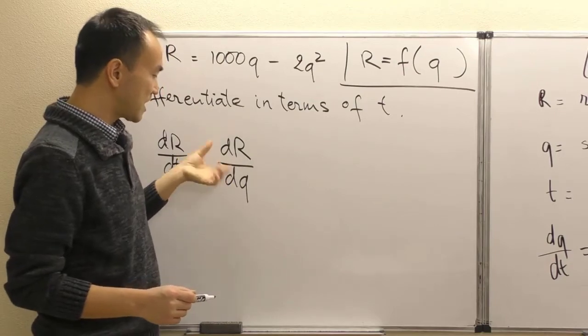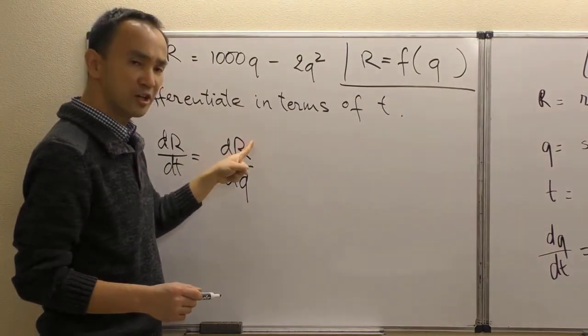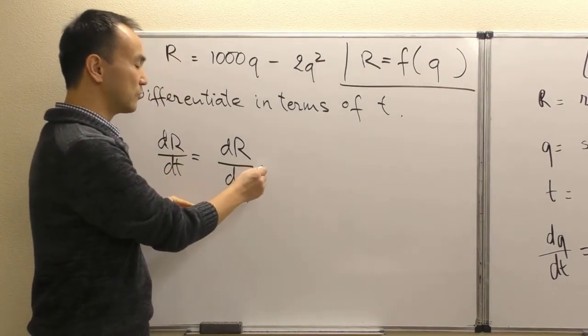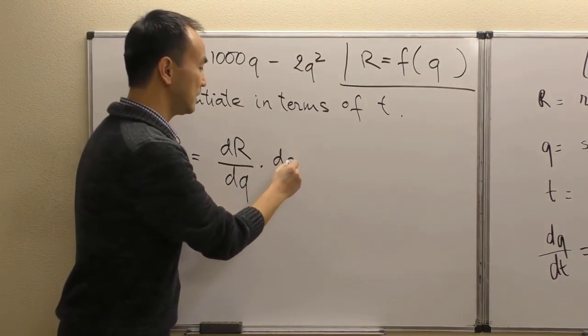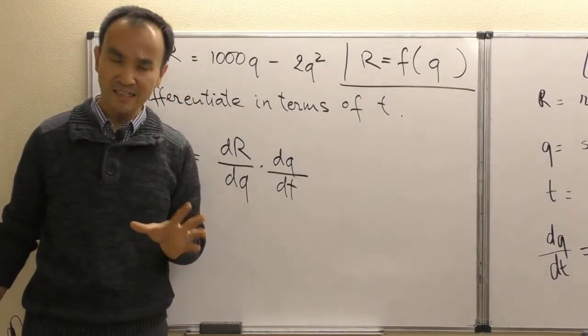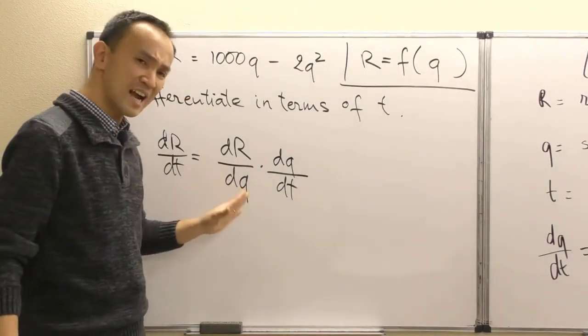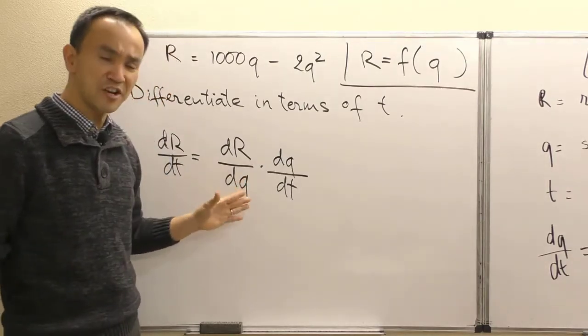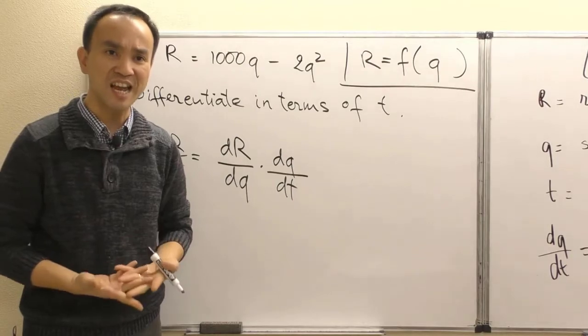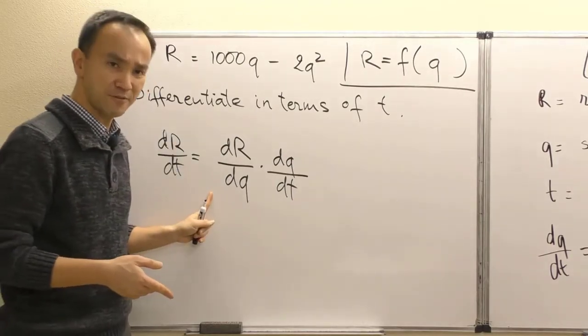So this is a rate between the change in R versus the change in Q. But then according to the chain rule, we're going to multiply with the rate dQ/dt. I had the complete detailed explanation in that lecture where I pointed out how chain rule can be seen as related rates. This comes right out from that understanding.